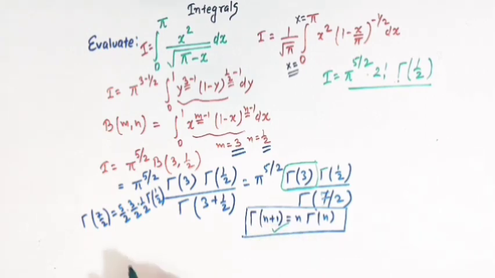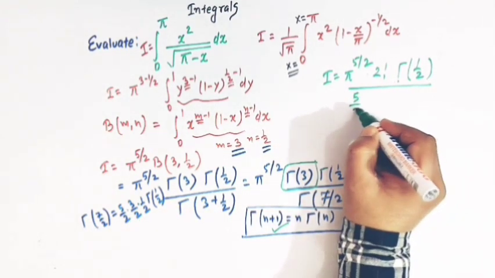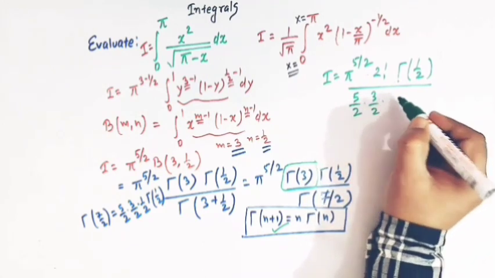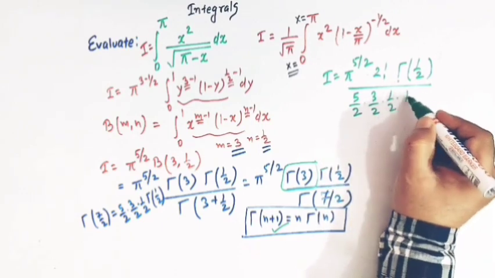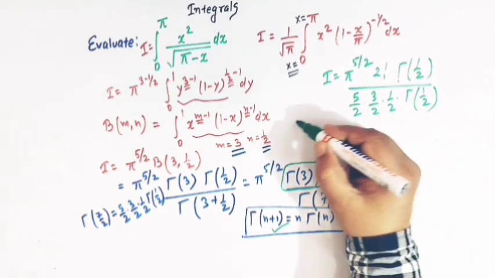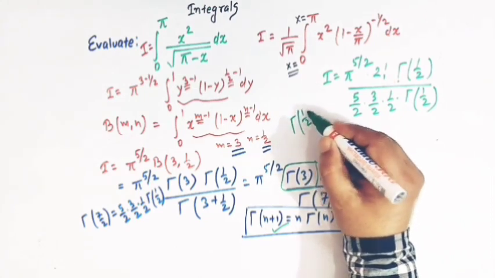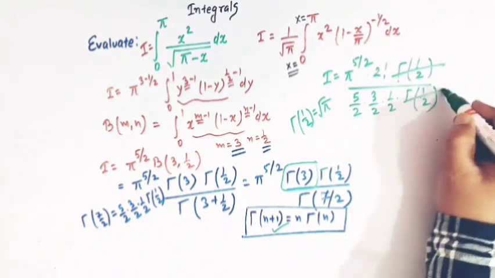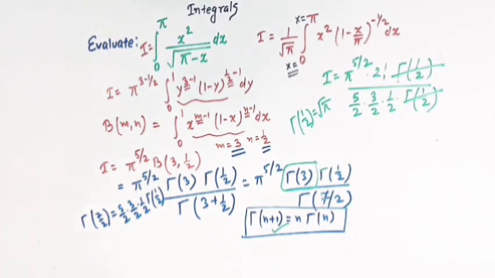Due to this result, gamma of 7 by 2 is equal to 5 by 2 times 3 by 2 times half, then we have gamma of half, right? So we know that gamma of half is equal to square root of pi, right? So these two terms get cancelled.